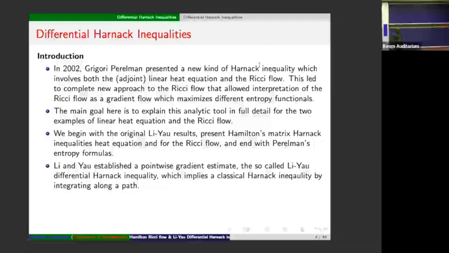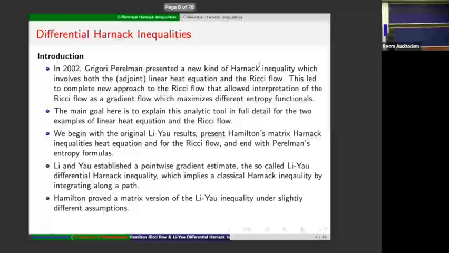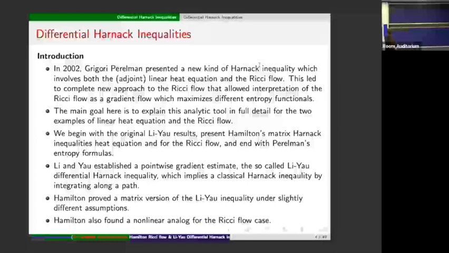It's called the classical Harnack inequality because you can integrate it along a smooth path and then get a classical Harnack inequality. Later, Hamilton proved a matrix version of Li-Yau under slightly different assumptions, known as the Hamilton Li-Yau Harnack inequality or Harnack estimate. This was also extended to the case of Ricci flow, and we'll discuss all of those today.